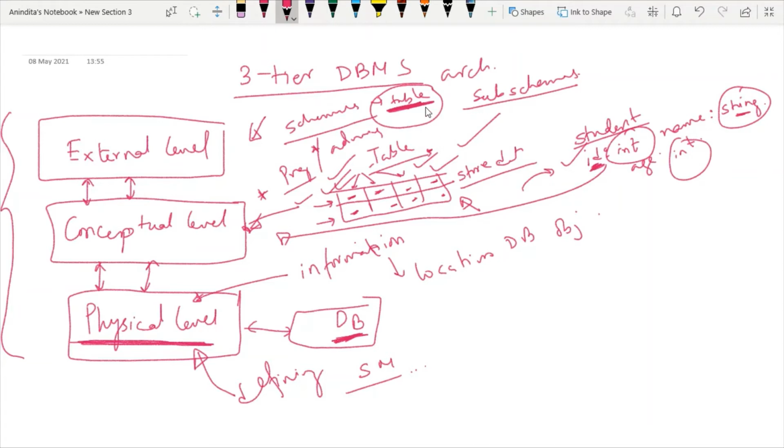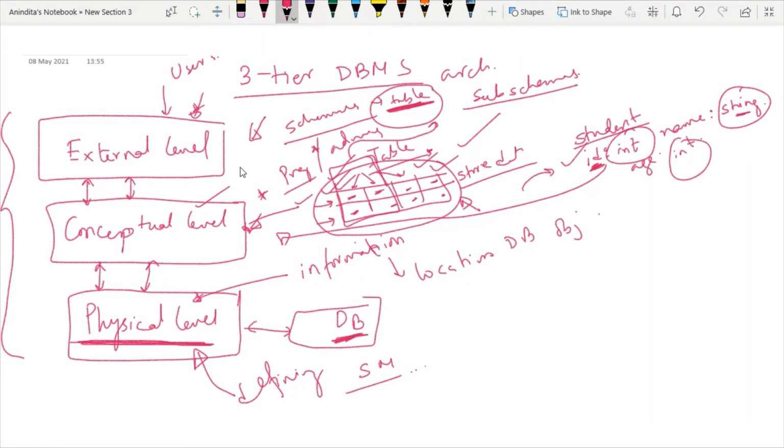Why? Try to understand this point. This external level interacts with the user. As a result, this external level will only show some part of the information from the table that exists in the conceptual level.